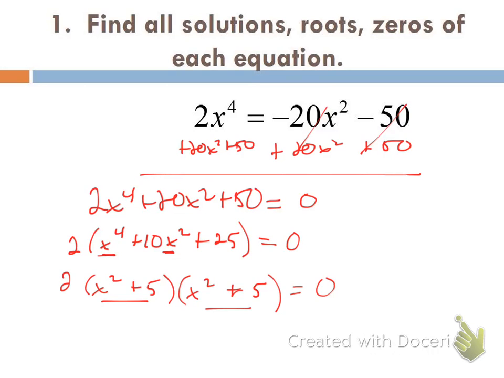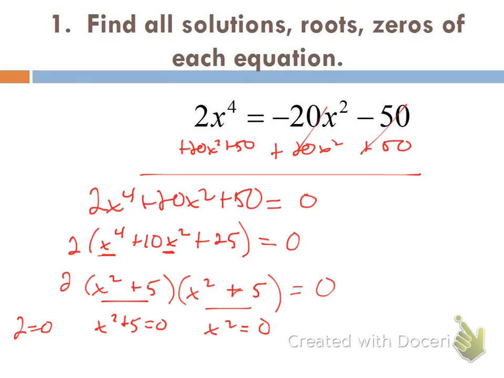So what we do now is we implement the zero product property, which says that if I want to multiply any number of things together, right, 2, 3, 4, 17, whatever, however many, if I'm going to multiply a bunch of stuff together and they have to give me 0, then that means that one of those guys has to be 0. In other words, set all your factors equal to 0 to see how we can make them 0. Find out what we have to plug in for x to make them 0.